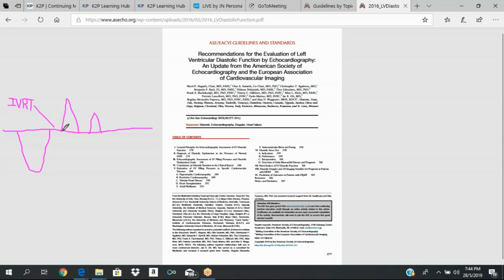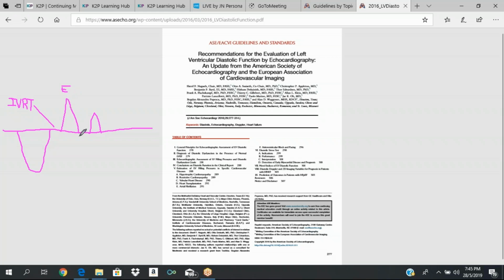Then the mitral valve opens, and you get a suction of blood from the left atrium into the left ventricle, and we call this the E wave. Okay? So suction of blood from the left atrium into the left ventricle.